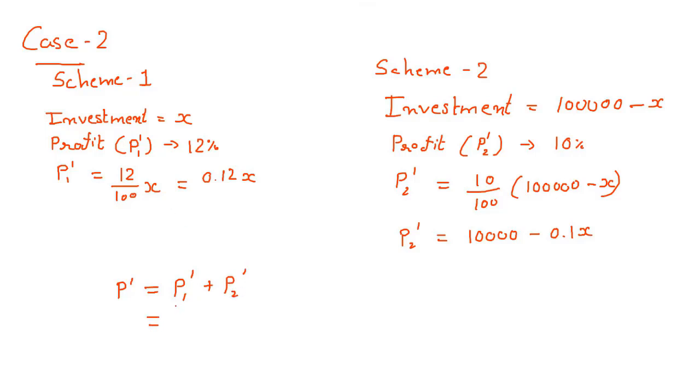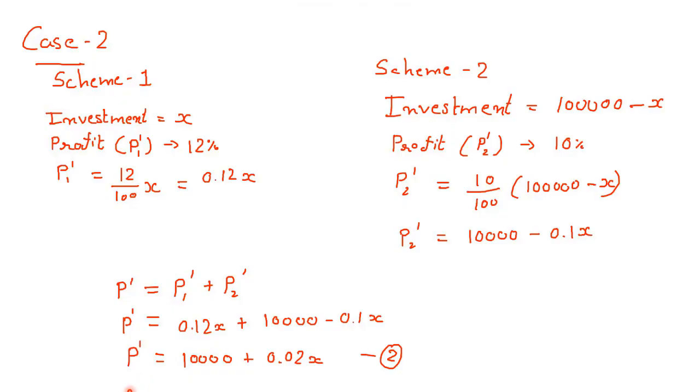By substituting the values of P1 dash and P2 dash from the above two parts, we get P dash equals 0.12 X plus 10,000 minus 0.1 X, which will be equal to 10,000 plus 0.02 X. Let us denote this as equation 2.